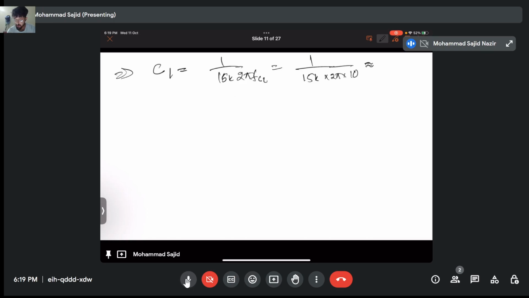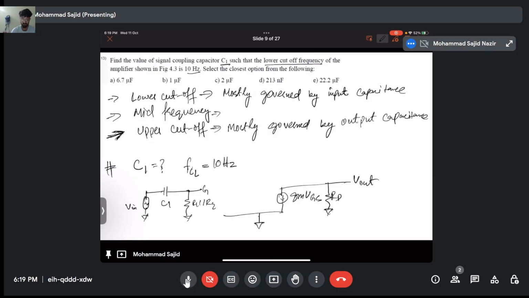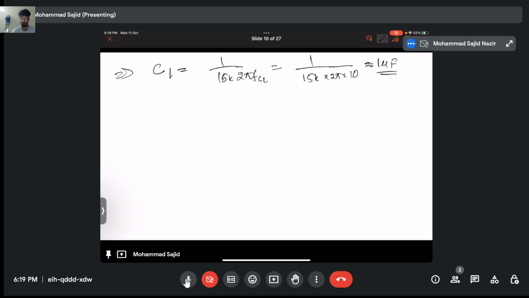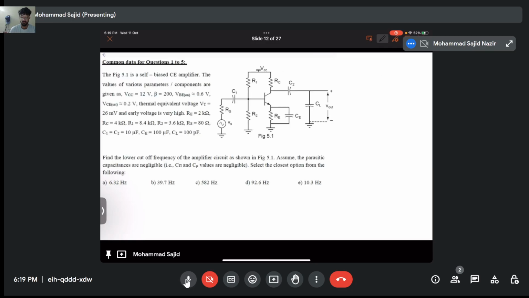This comes to nearly around 1 microfarad. You know the capacitance unit is farad, so that is the option. So this is how you can check the response. We check that this will give you a pole, and that pole will give you a frequency. And you know that after this 10 hertz frequency, the capacitor will act as a short.